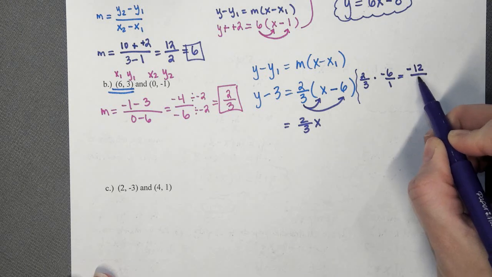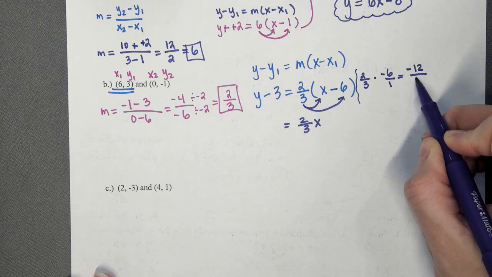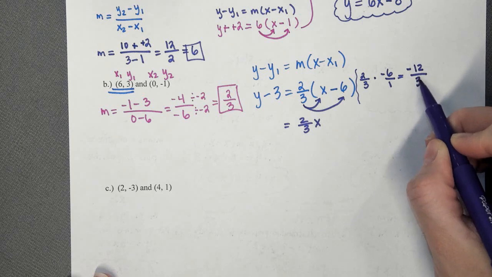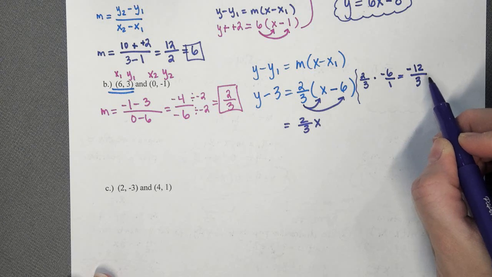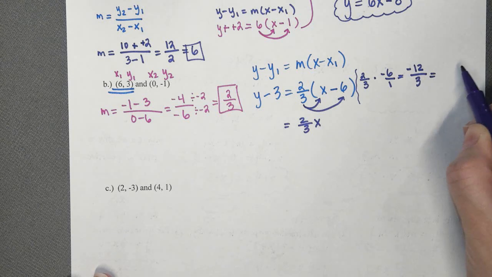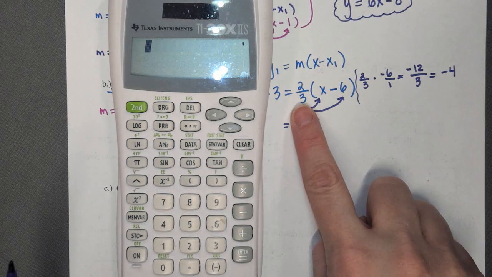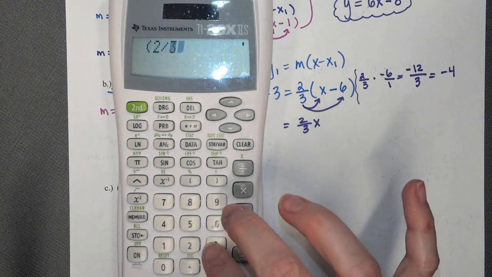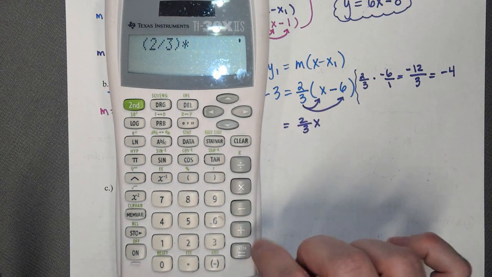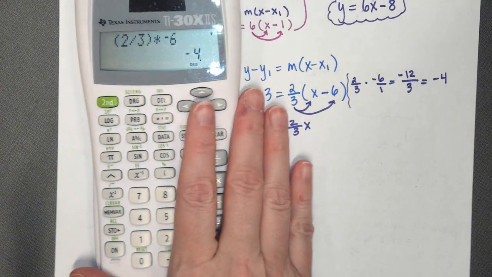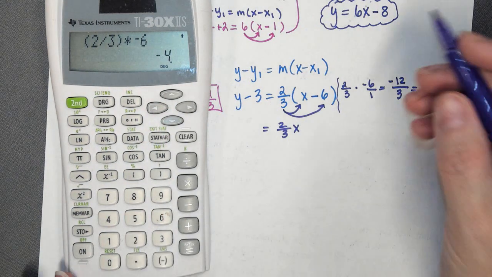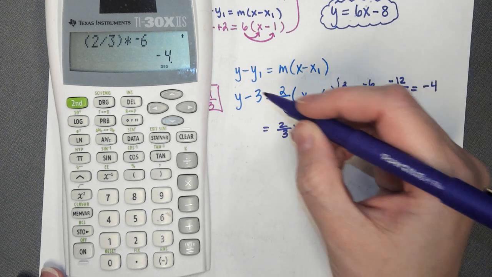What's 3 times 1? 3. And then, do we know what 12 divided by 3 is? -4. Again, if you did that in your calculator, you would just put the 2/3 in parentheses, 2/3 times -6. And that is perfectly fine. Just if you get a negative, you're going to leave it as a minus.